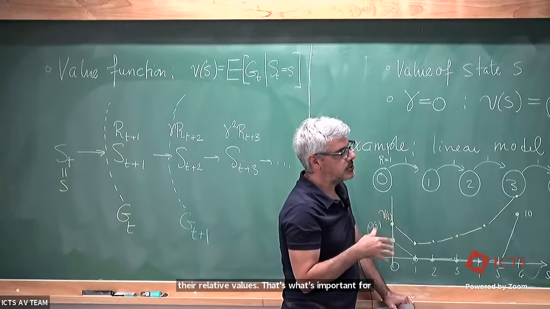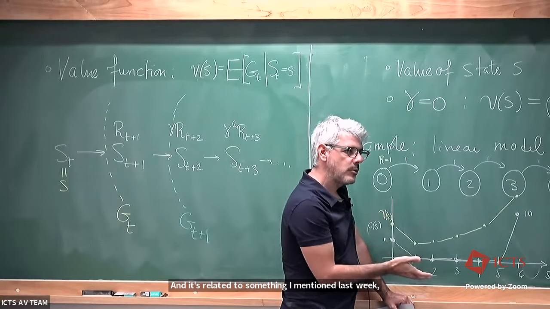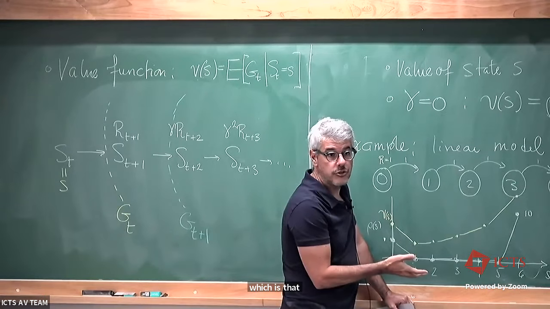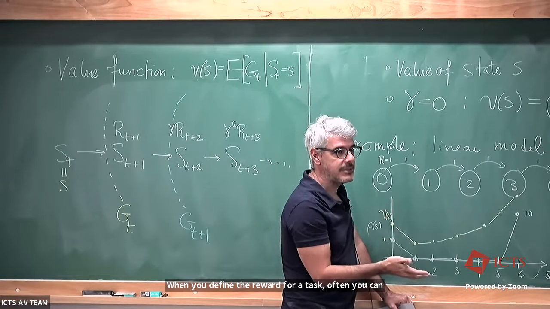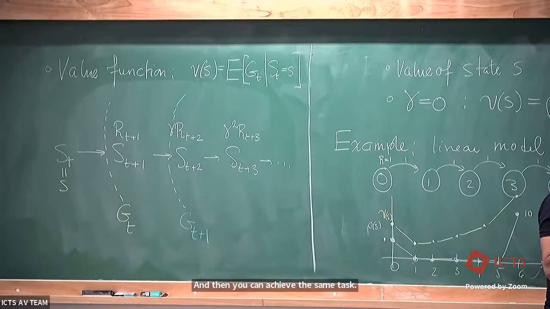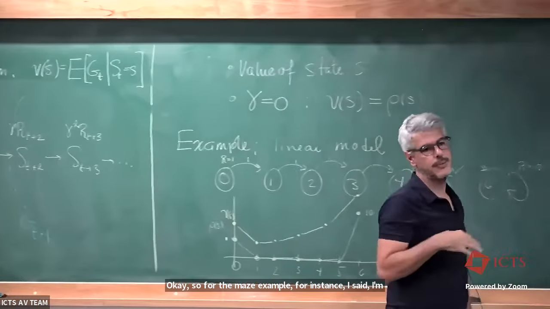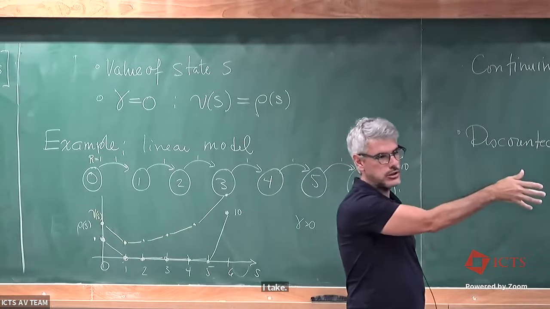And it's related to something I mentioned last week, which is that when you define the reward for a task, often you can define different types of reward, and then you can achieve the same task. For the maze example, for instance, I said I'm going to give a reward of -1 for all the steps that I take, as opposed to giving a reward of 20 for reaching the goal.